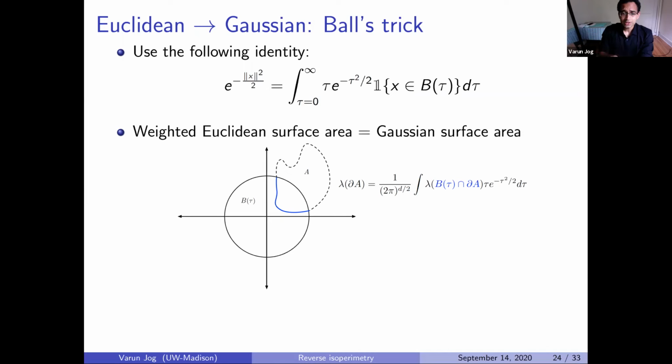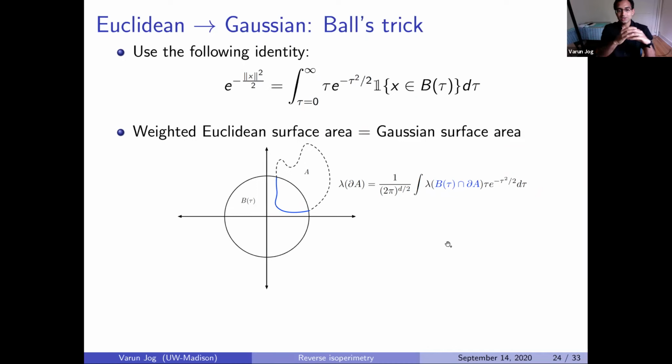The way you can calculate it is you take a ball of radius tau, look at how much of the region of A lies inside the ball of radius tau, take the surface area of the blue regions, the blue perimeter that I see, weigh that quantity by tau times e to the minus tau squared by 2, and integrate the whole thing.